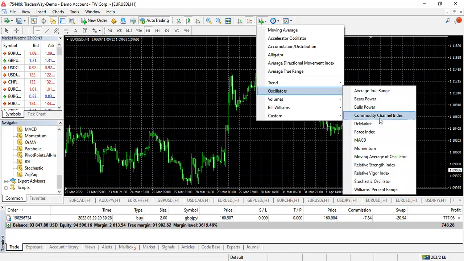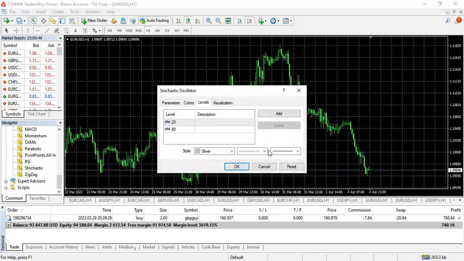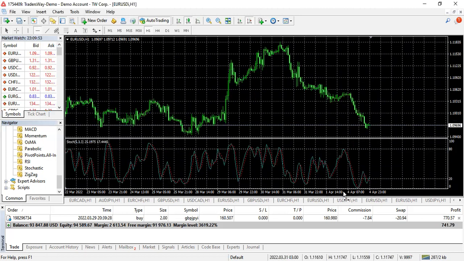I can use stochastic. So here I'm using the stochastic oscillator, and this is indicating that the market is about to reverse up.